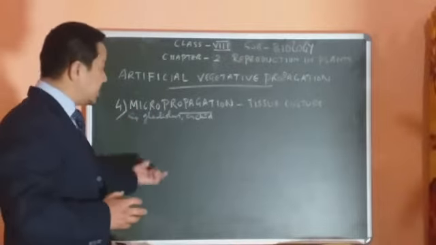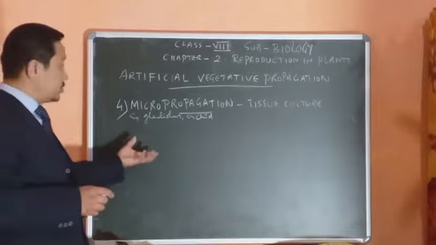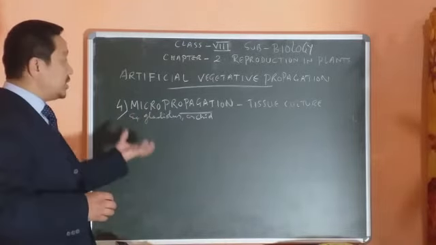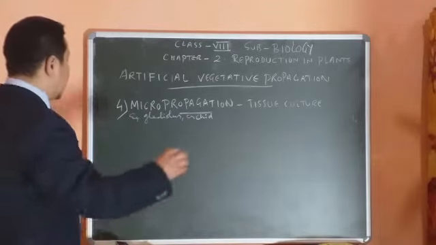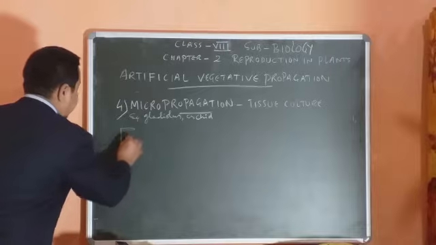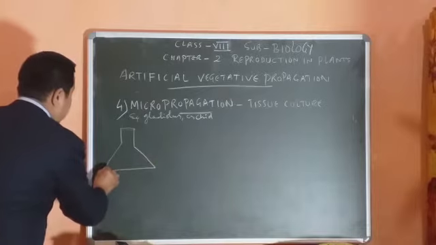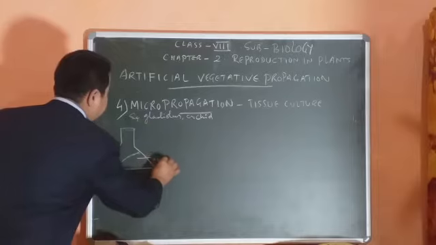So how can we do it? Let me tell you with the help of these diagrams. I'm going to draw the diagram first, then I'll let you know how we go about it. This is the flask. This is the nutrient medium.